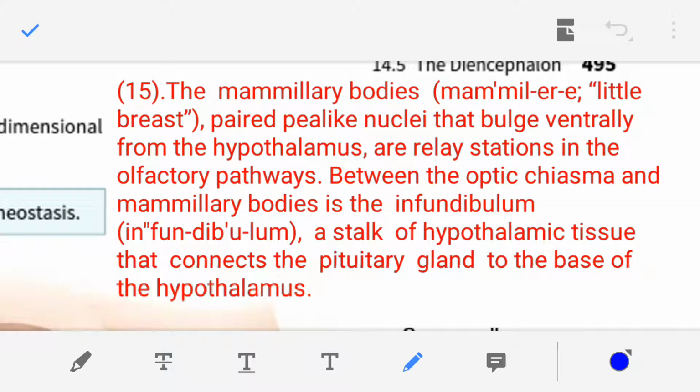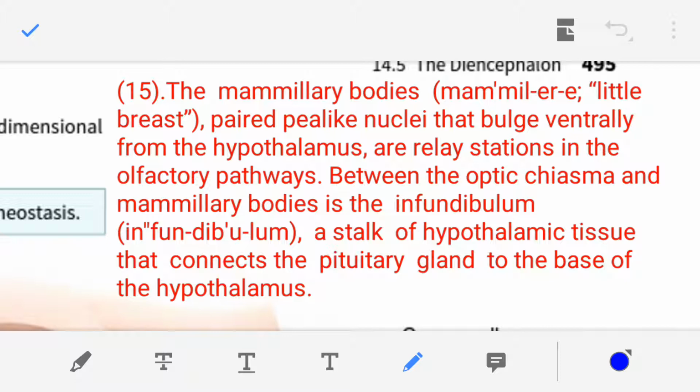Mammillary body means little breast. Mammillary bodies are paired, one pair means two, and pea-like, their size is like a pea. They are paired pea-like nuclei, and as we see in the figure, they are bulging ventrally from the hypothalamus.